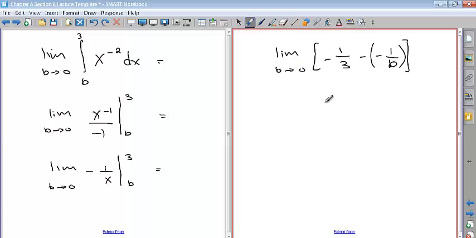So the first term is unchanged, so you get negative 1/3. But the second term is 1 over 0. 1 over 0 is infinity. So this is infinity. So we'd say this is unbounded. So what converges going to the x-axis diverges going to the y-axis, and the opposite is true.